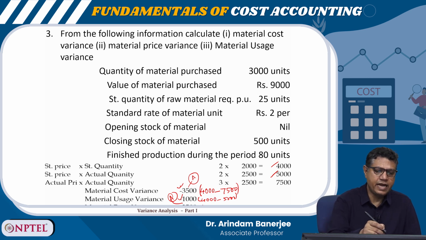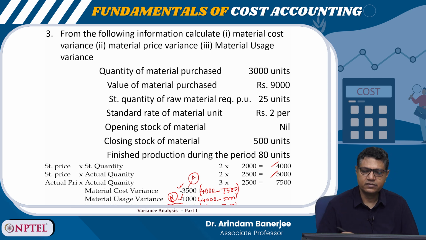So, I can see here standard price into actual quantity minus actual price into actual quantity. So, it is 5000 minus 7500, which is again 2500 adverse, right.